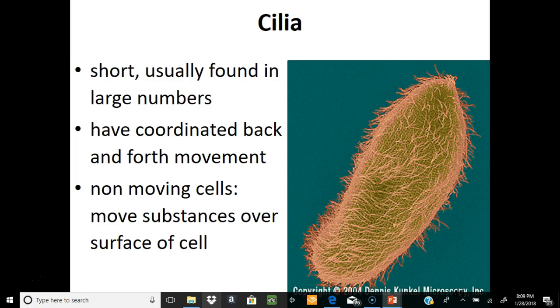They tend to not move entire cells around, but more move materials along the surface of the cell. Ciliated cells can move cells probably very short distances, but typically flagella work better.